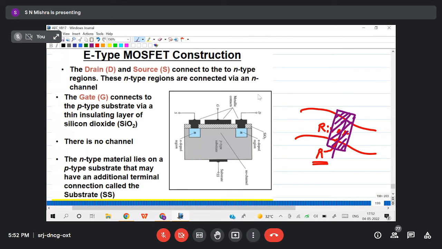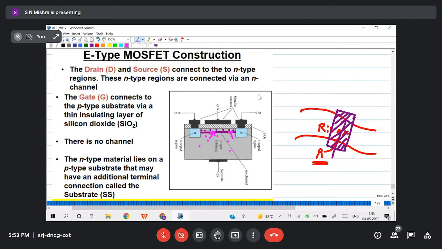Here, more holes are present across the channel region. Now what voltage across the gate should I apply so that the holes will be repelled back and electrons will be attracted to build the channel? Tell me, positive voltage or negative voltage, so that the holes present here will be repelled back and the electrons present as minority carriers in the P type will be attracted here and build the channel?